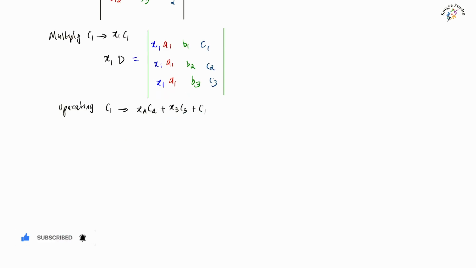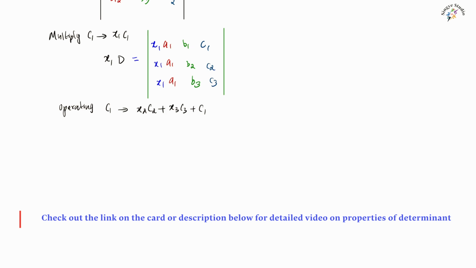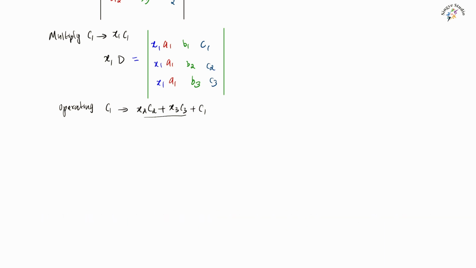By doing this, you know from the determinant property that if we multiply a row or column by a scalar and add it to some other row or column, then our determinant will remain unaltered, right? So by performing this, our determinant value will not change.